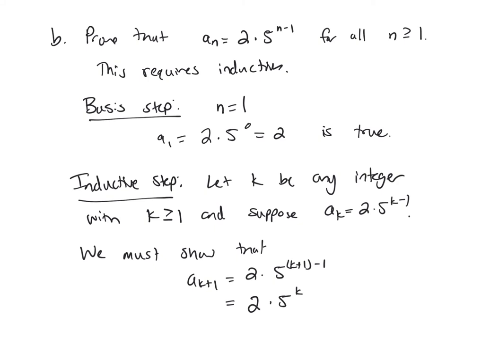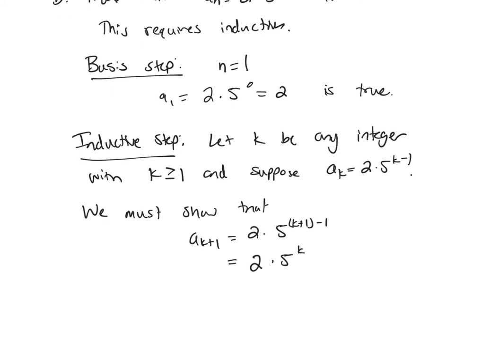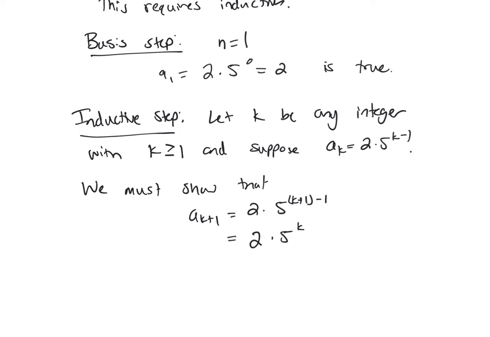Okay. Well, what did we say about k? K was at least 1. Since k is at least 1, that means k plus 1 is at least 2. So we can use our recurrence relation for k plus 1.